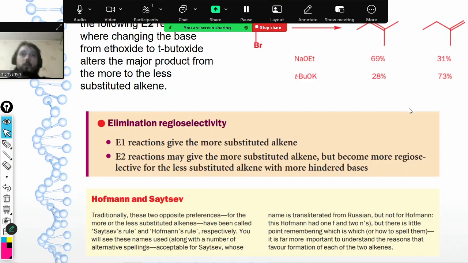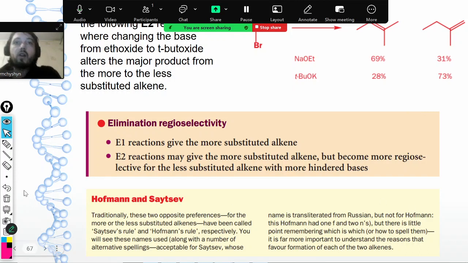What else? Elimination regioselectivity. E1 reactions give the more substituted alkene, and E2 reactions may give the more substituted alkene but become more regioselective for the less substituted alkene with more hindered bases. So look at the 3D geometry, and that will tell you something.